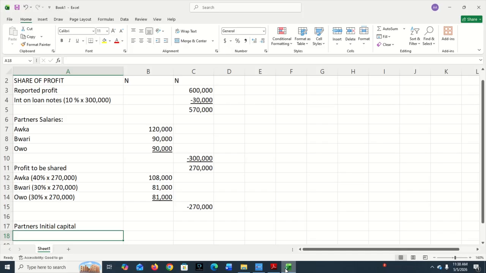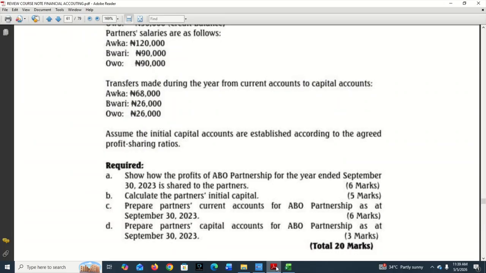It's very simple. To calculate their opening capital, we calculate the opening assets minus opening liabilities. That will give us the opening capital, and then we share it among them based on their ratio, because they said assume the initial capital accounts are established according to their agreed profit sharing ratio.